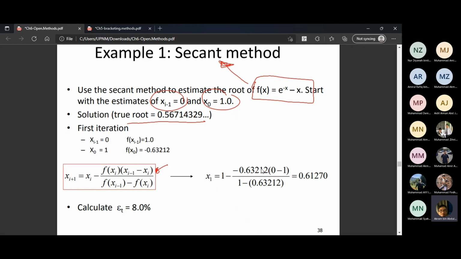So 1 minus f of x, which is negative 0.63, times the difference between these two, 0 minus 1, and we will get our next point at 0.6127. And if we calculate the relative error based on the given true root, we will get 8% for the first iteration.